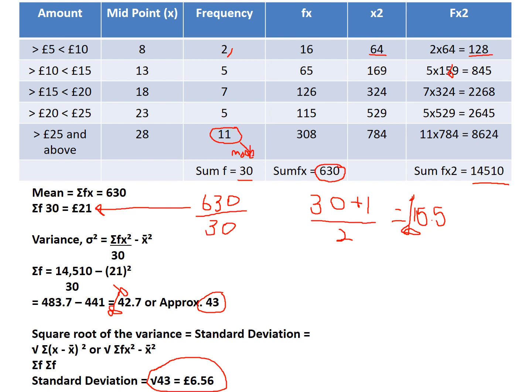So we know that if the mean is £21, there may be a standard deviation plus or minus £6.56 either side of £21. So this helps us in terms of looking at the data.